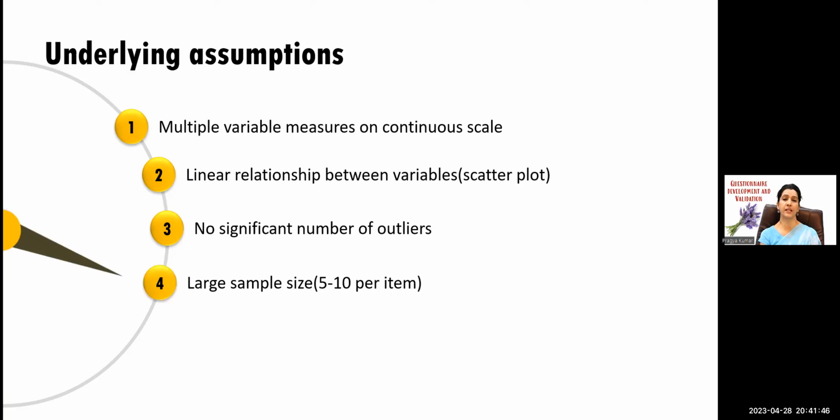Again, the sample size should be large. We say 5 to 10 per item. For EFA, it should be at least 10, that means the number of items multiplied by 10. In the case of Big 5 personality data, if there are 51 items, at least we need 500 samples to do an exploratory factor analysis. In the case of STARS, if you have a modified questionnaire of 35 questions, then 35 multiplied by 10 is 350.